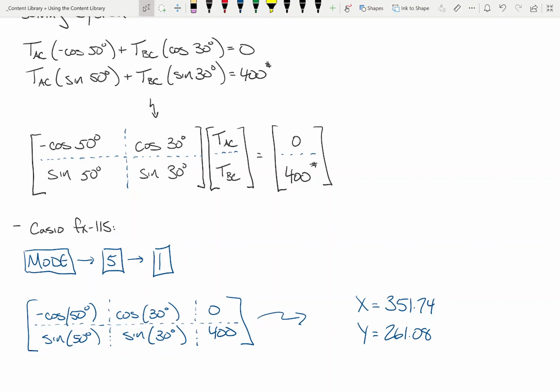The calculator does not know what vector is X and what vector is Y. But what it will do is spit out the first magnitude as X and the second magnitude as Y. And so what I am saying is that this, for our problem, is going to correspond to TAC.